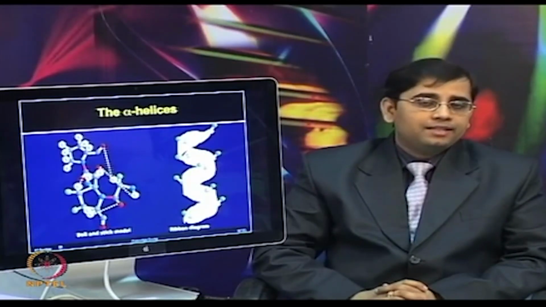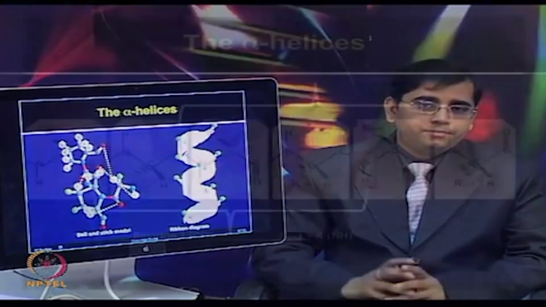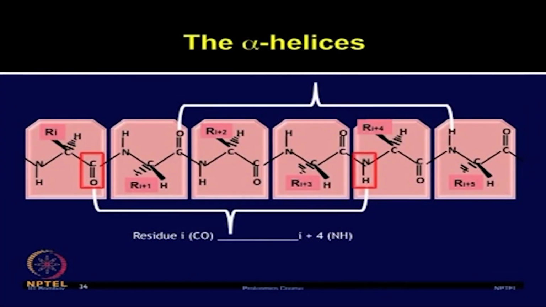Specific hydrogen bonds stabilize this helical core. The alpha helix is stabilized by hydrogen bonds between the carbonyl group of each amino acid and the NH group of the amino acid 4 residues ahead in the sequence, as you can see in this figure.